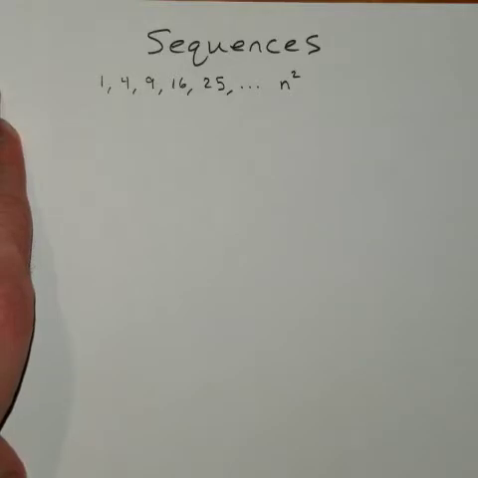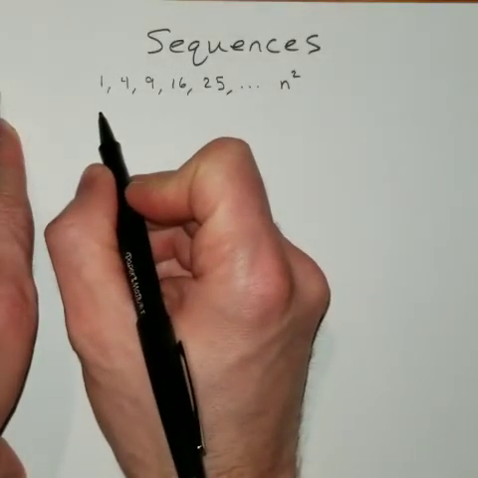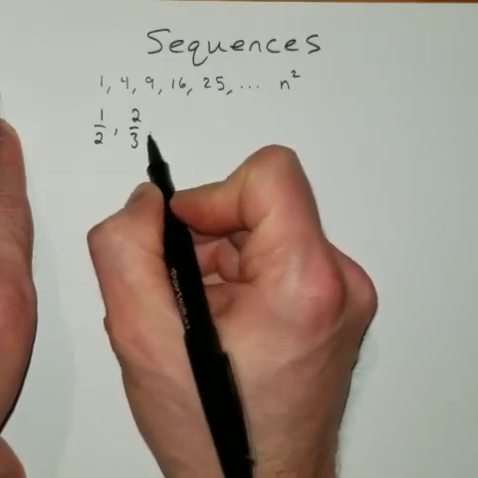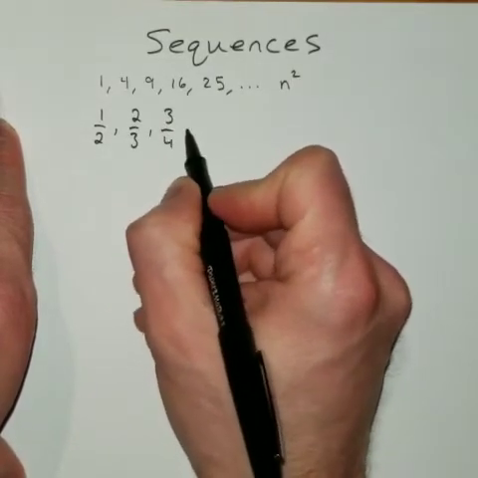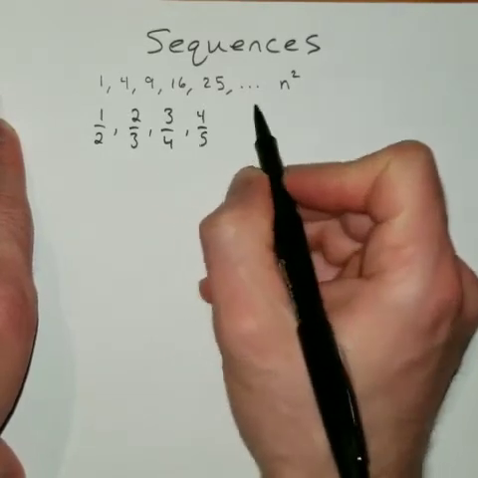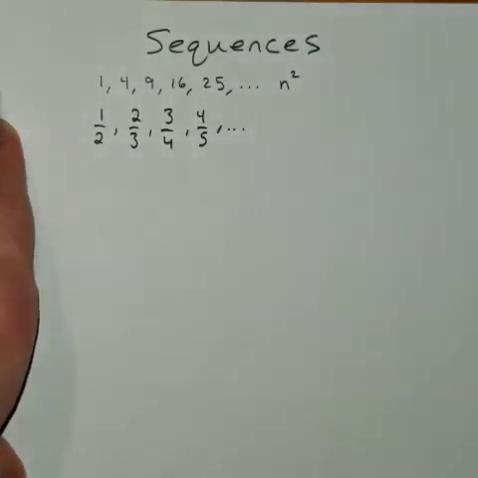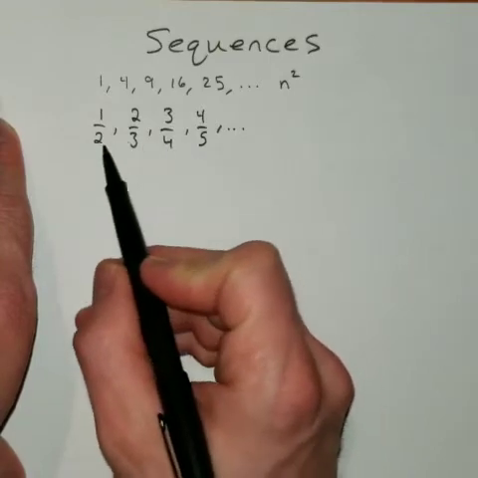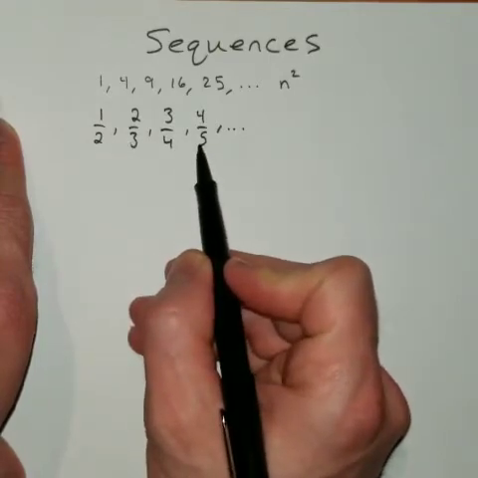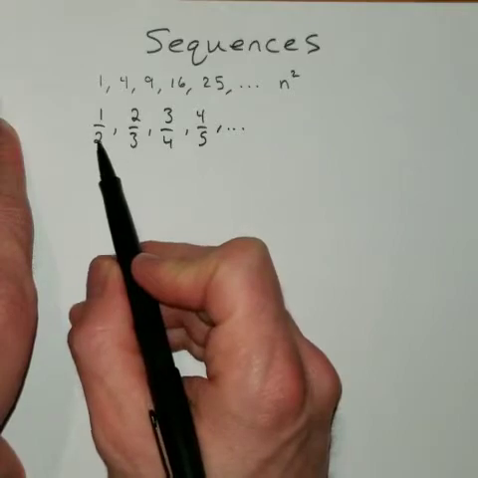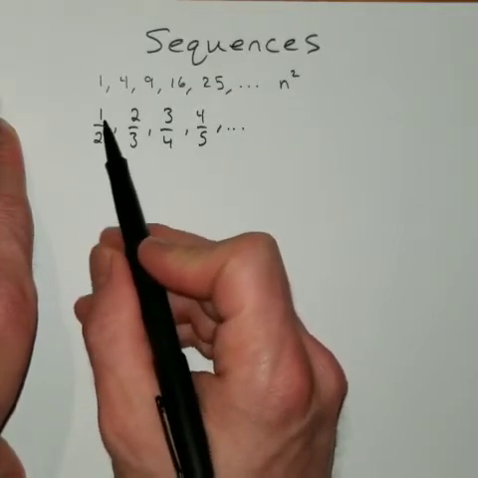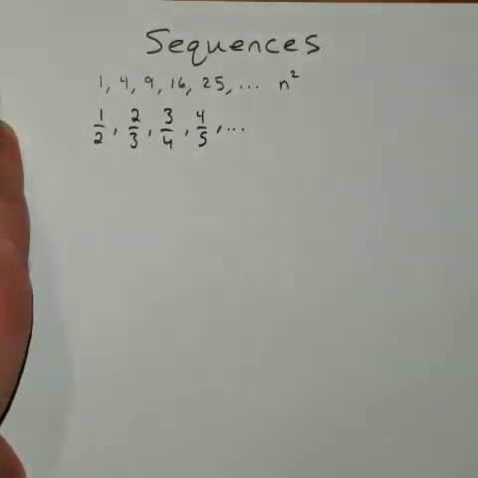Another interesting sequence might be 1/2, then 2/3, then 3/4, then 4/5, and so on. In this sequence you can see that the tops are increasing by 1, the bottoms are increasing by 1, but the bottoms start 1 higher than the tops. So you have a 2 instead of a 1, but then they both increase at the same rate.